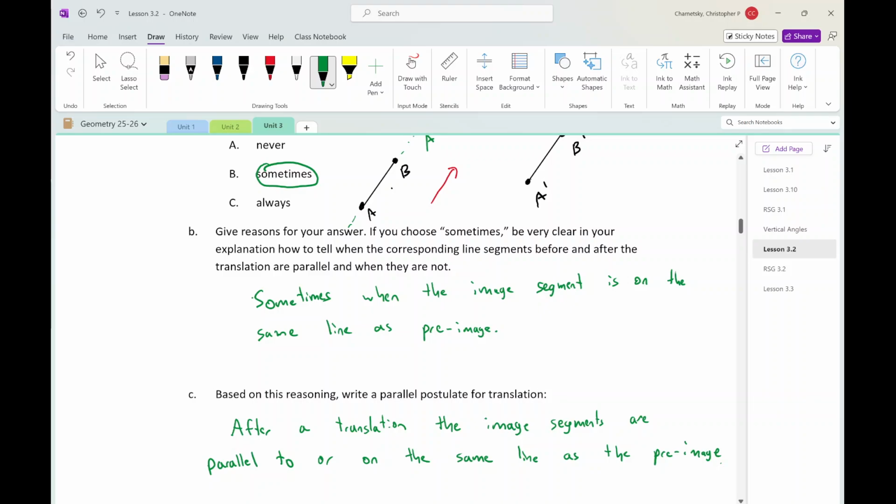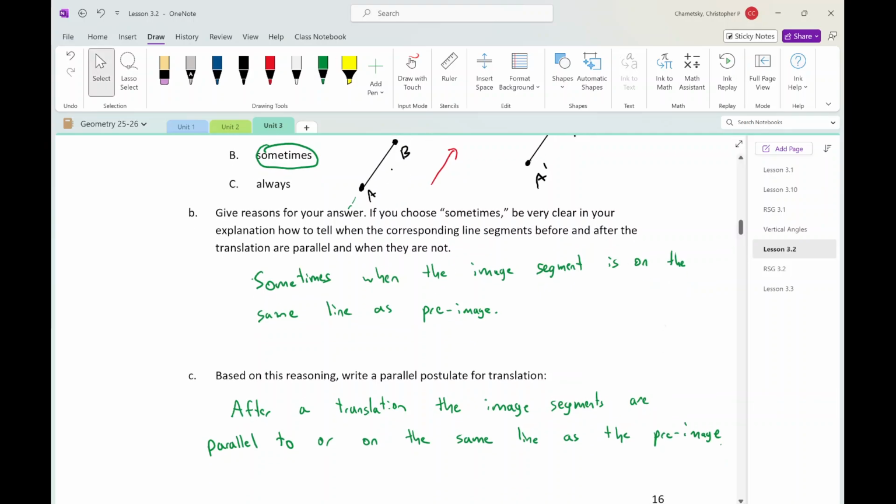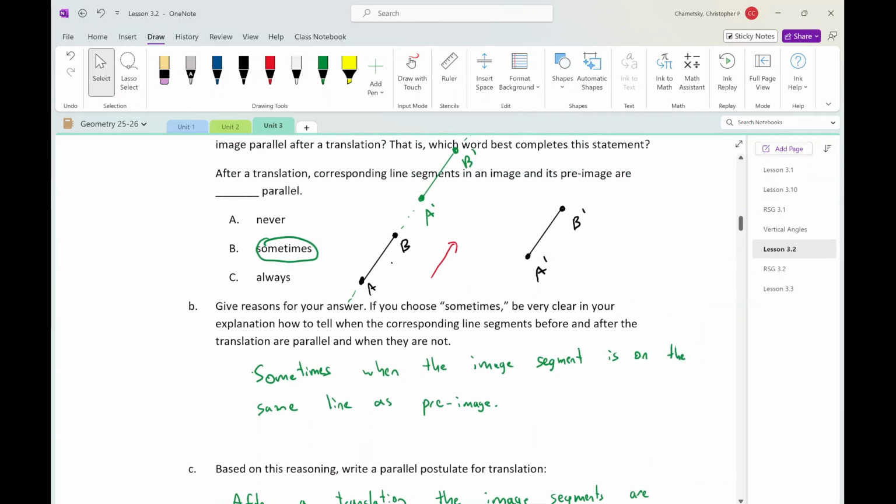Okay, so those are translations, and they preserve parallelism.